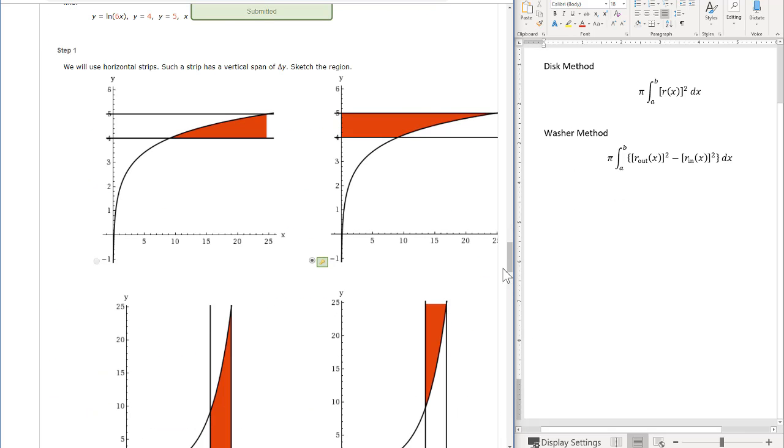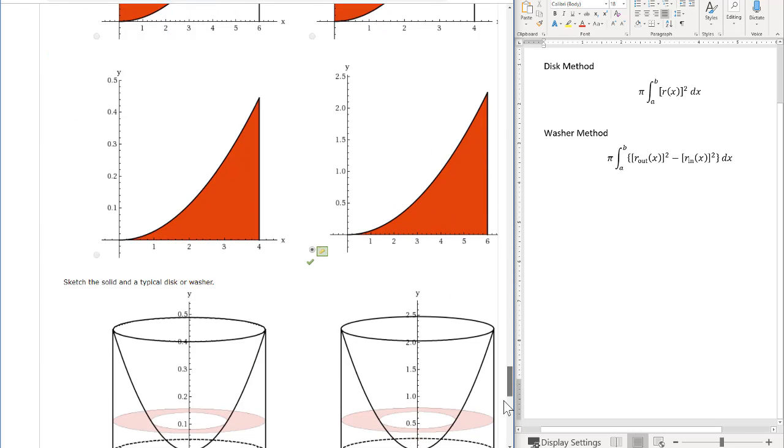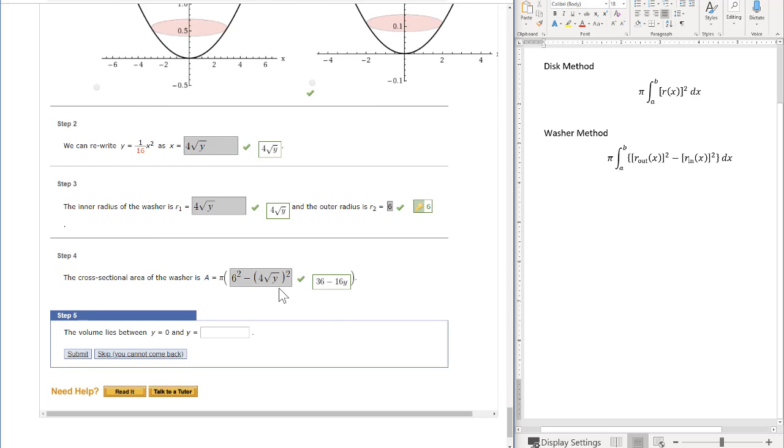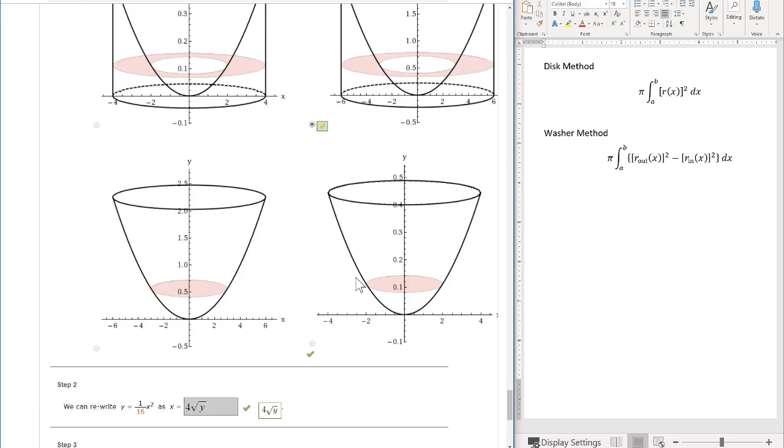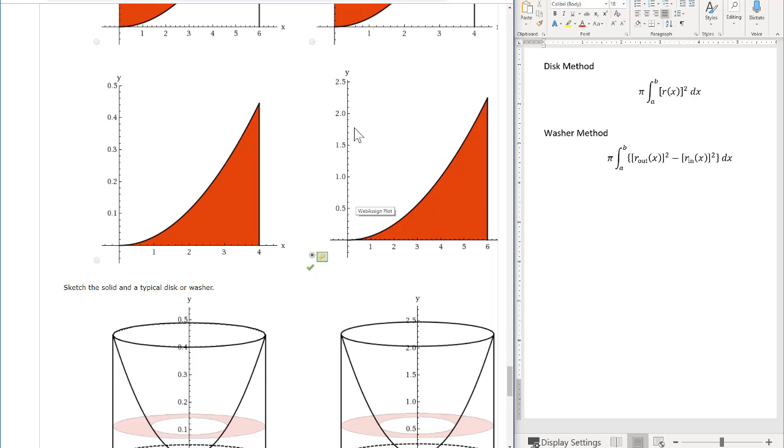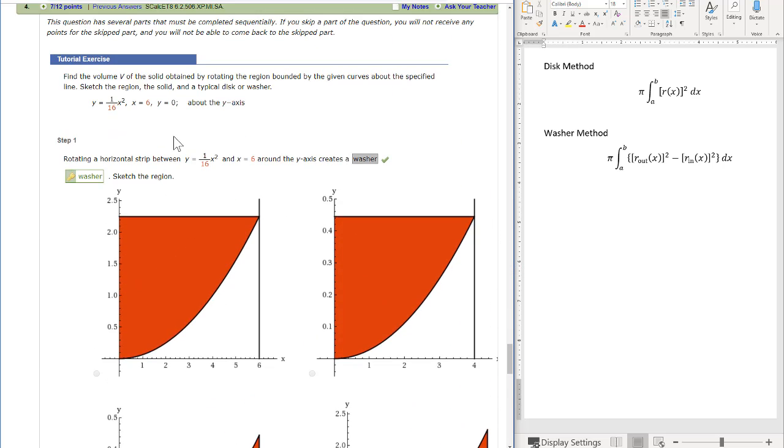But fortunately our program accepts algebraically equivalent expressions. And so the volume of the solid is going to be between y equals 0 to y equals, okay, 0, and then wherever 6 intersects that equation is what we want.